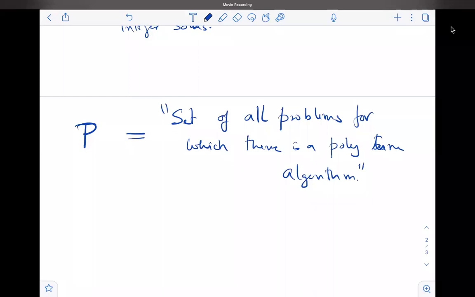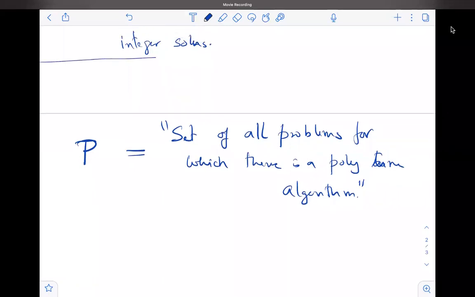But people who have done automata know that there is a concept of languages. So I can talk about the language L, and you have talked about whether a language is a regular language or a CFL.